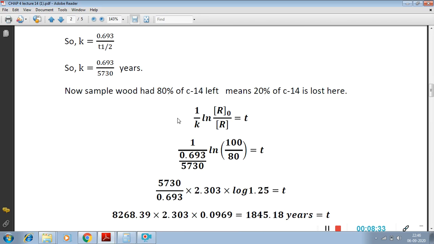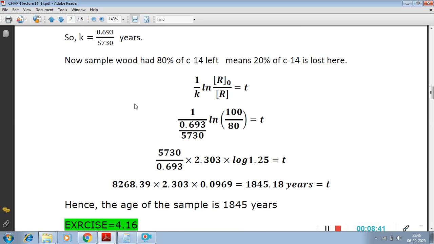Now for a first order reaction, this is the differential rate equation. 1 by K, we found the K value, that we can put here, ln 100 for initial concentration.